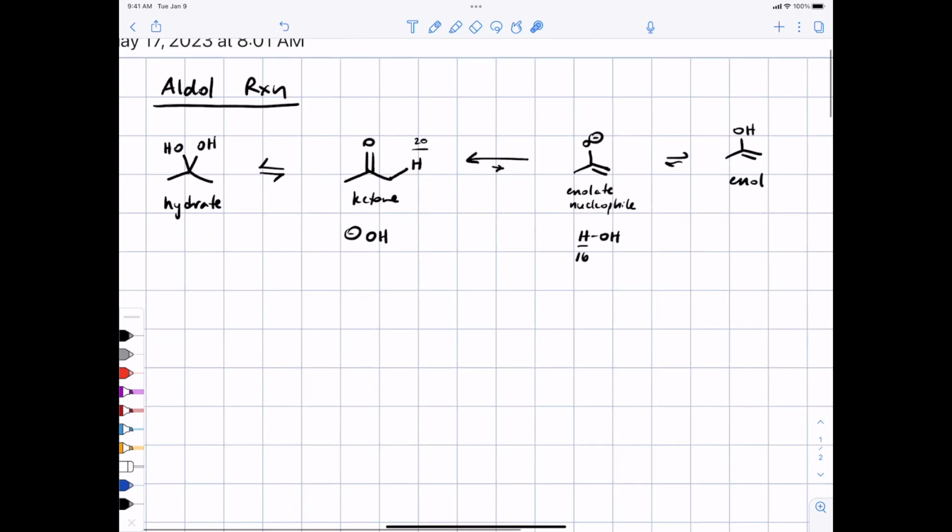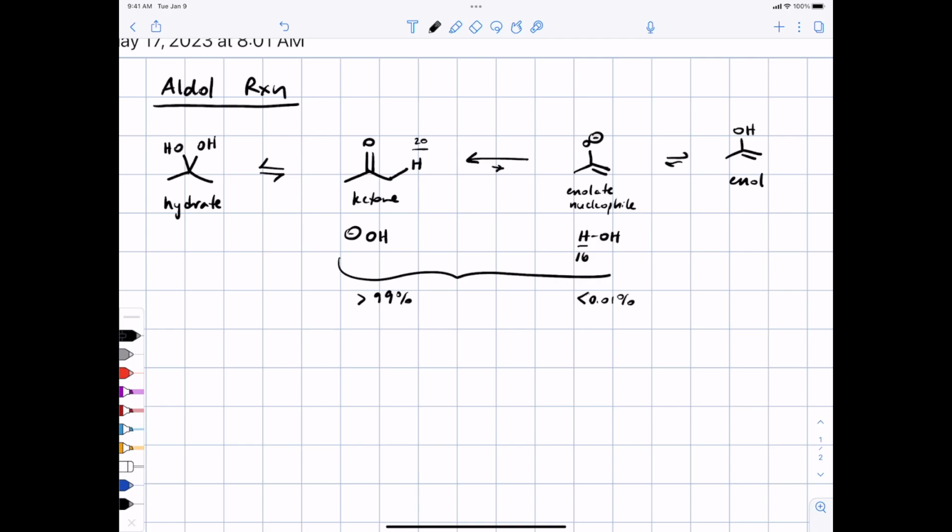If we were to compare the ratio of these two, it's probably something like greater than 99% ketone and less than 1% enolate. Okay? All that looks vaguely familiar.